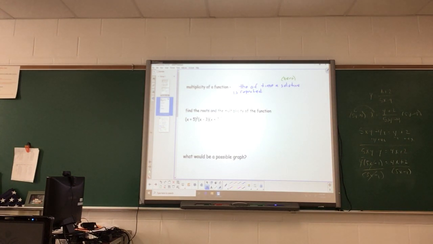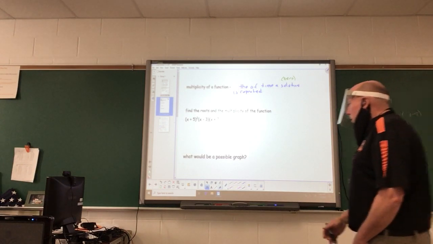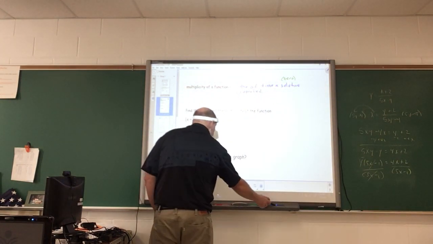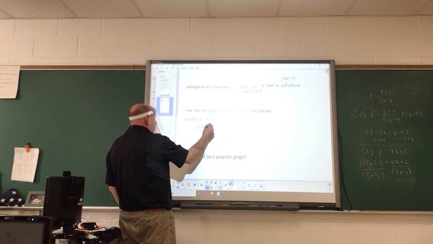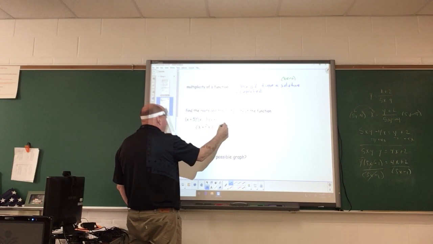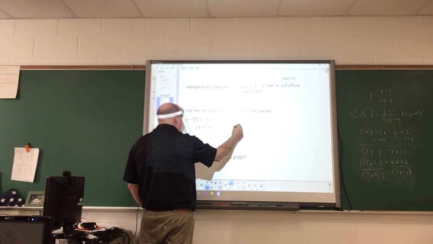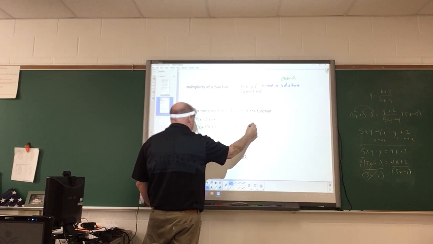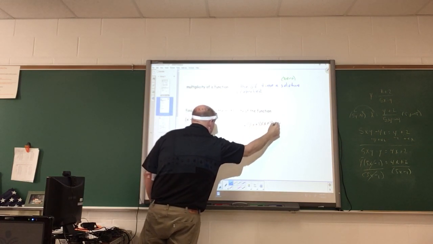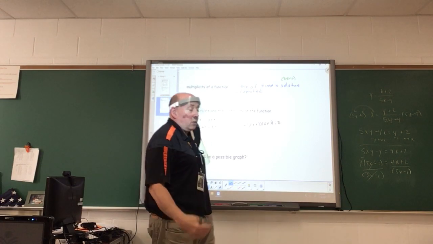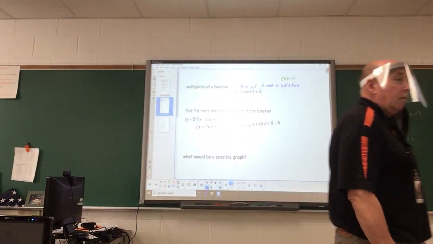If we take a look at the polynomial here, we have x plus 5 quantity squared, x minus 3, and x plus 7 quantity cubed. So by definition of exponent, this is x plus 5 times x plus 5 times x minus 3 times x plus 7 times x plus 7 times x plus 7 is equal to 0.